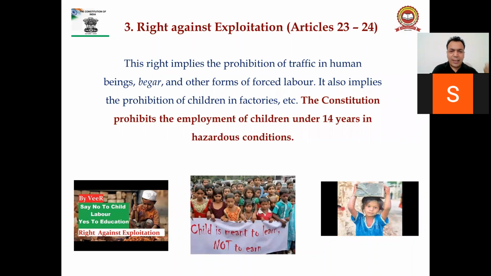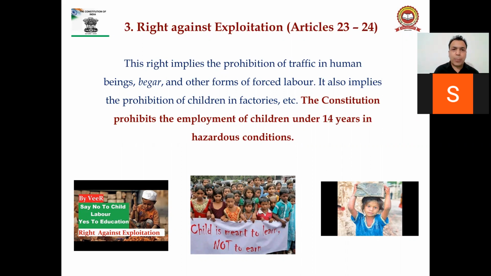Third is right against exploitation. Article 23-24 talks about it. Sometimes what happens, we force a child or other persons into begging and other things. This article protects them, right? The right implies the prohibition of traffic in human beings, begging and other forms of forced labor.